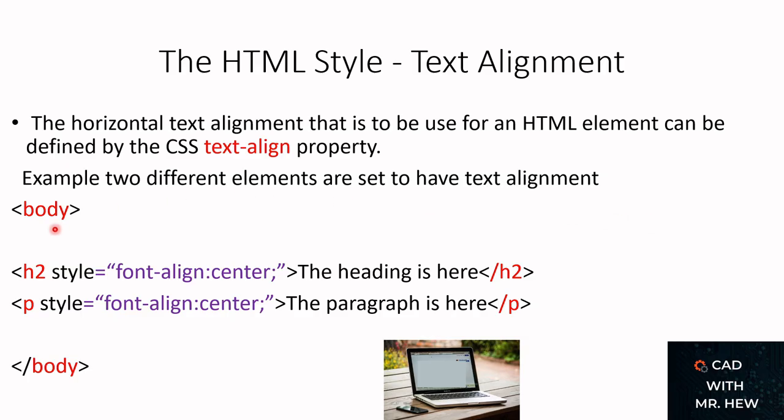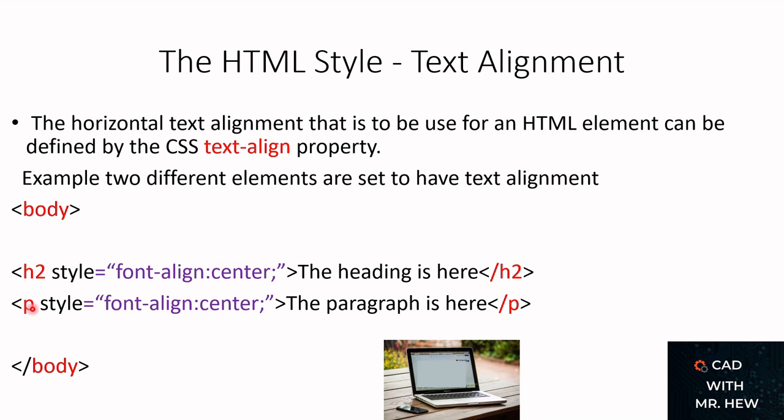So here we have the heading 2, and we have style is equal to text-align colon center semicolon, and we have our close quotation, and this will be applied to the four words here for the heading that is written. The heading is here, okay?